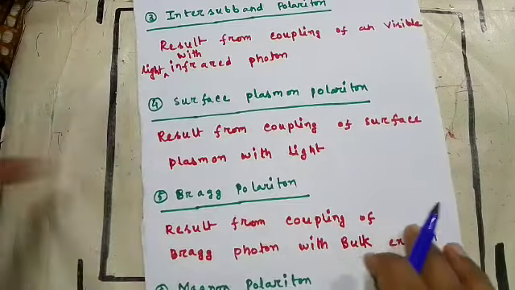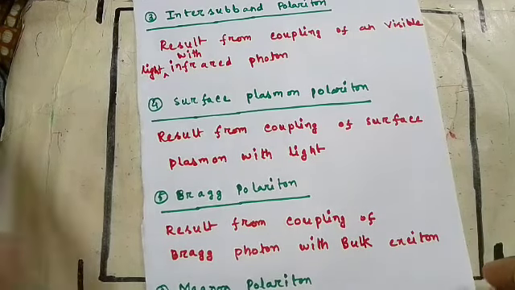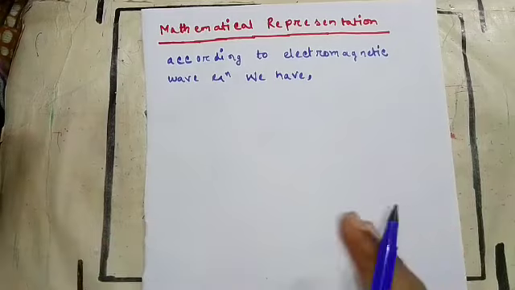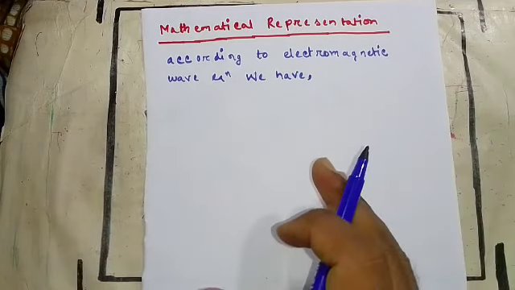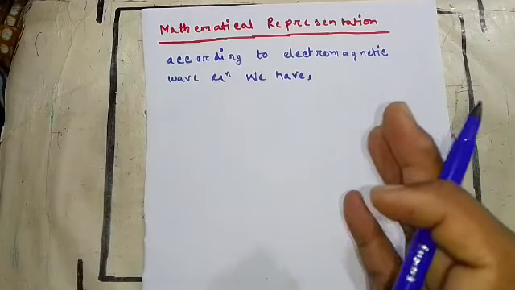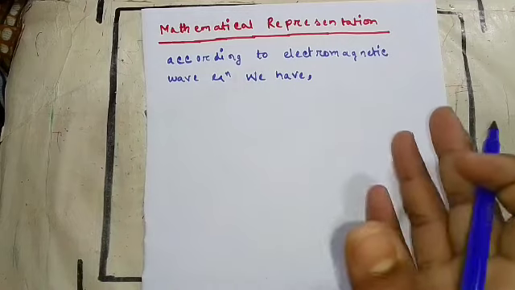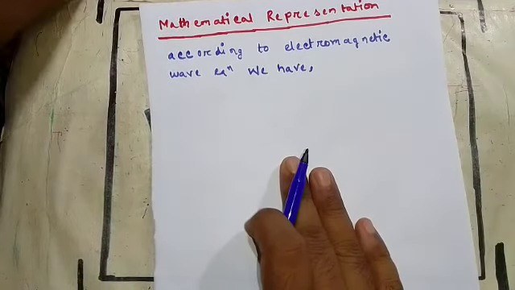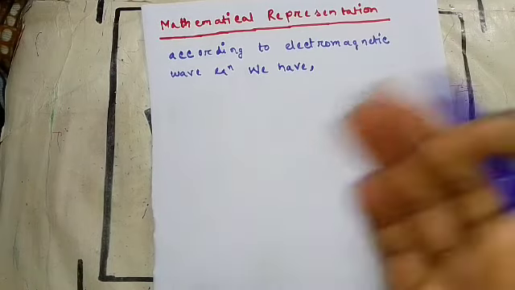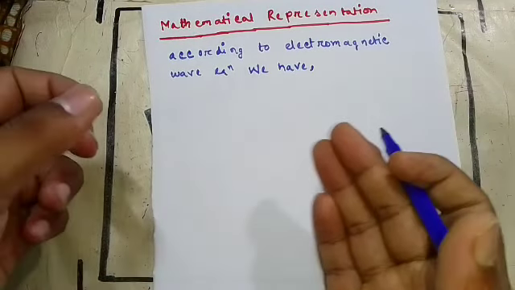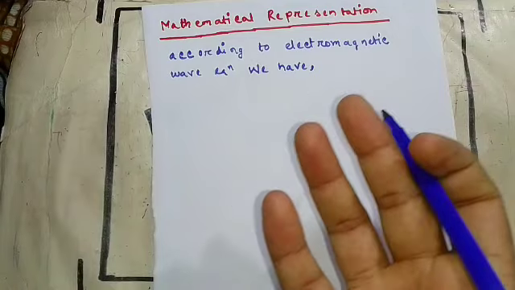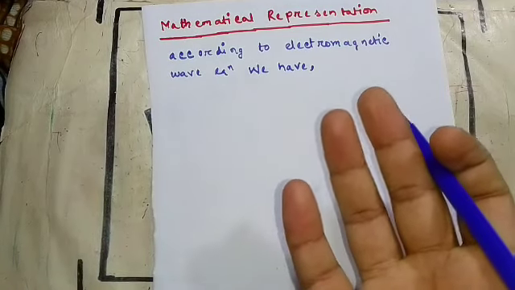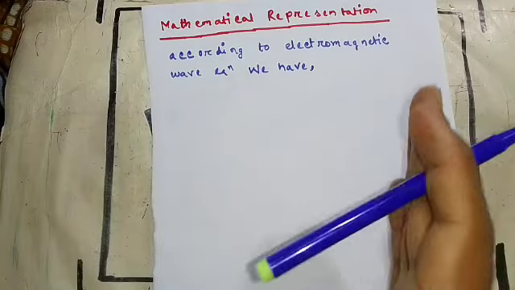Okay, so now our last topic is the mathematical representation of polariton, or we can say the expression of the LST relation. Here we use the equation of electromagnetic wave and the equation of motion of polarization.